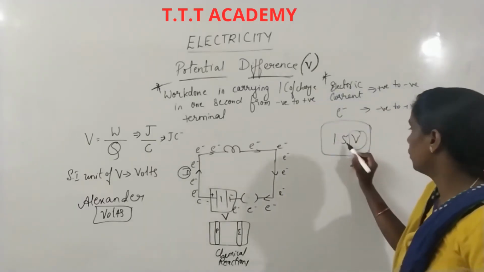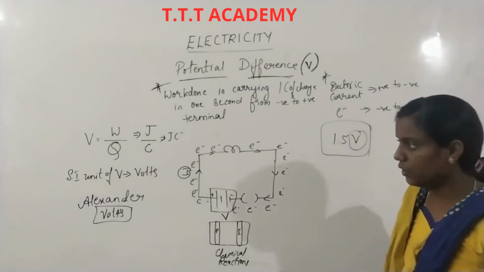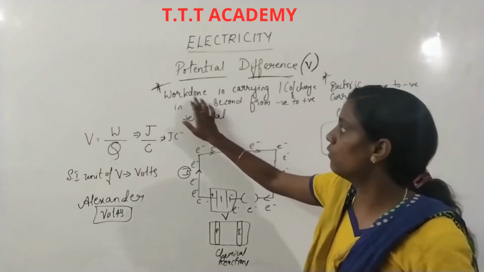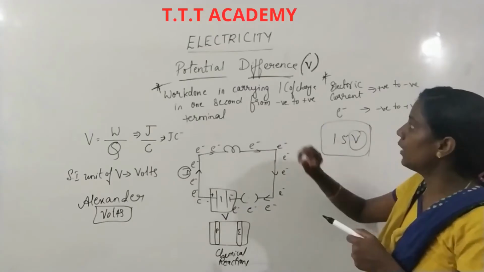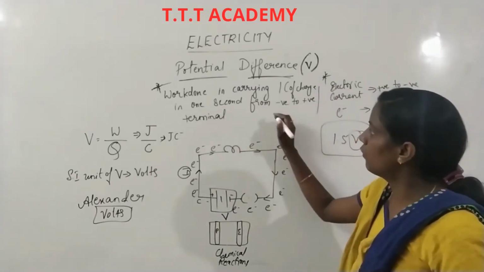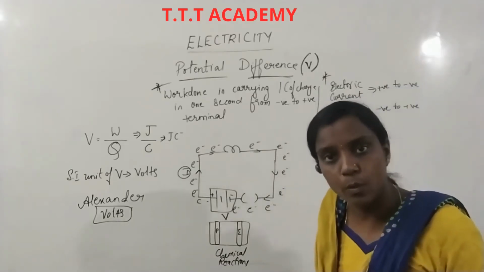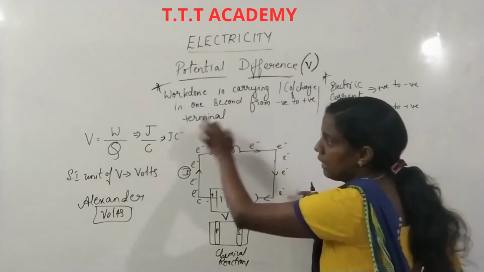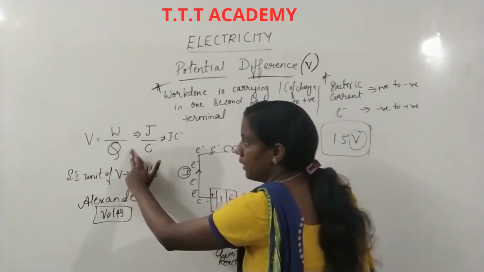So that will be known as 1.5 volt. Understood? This is nothing but the potential difference. Definition: work done in carrying 1 coulomb of charge from negative terminal to positive terminal. We represent potential difference by V. V is equal to W by Q.